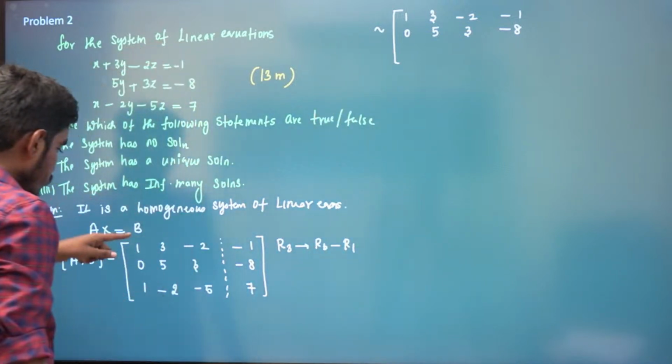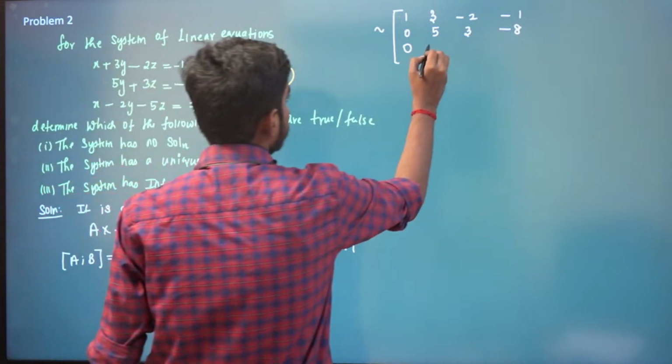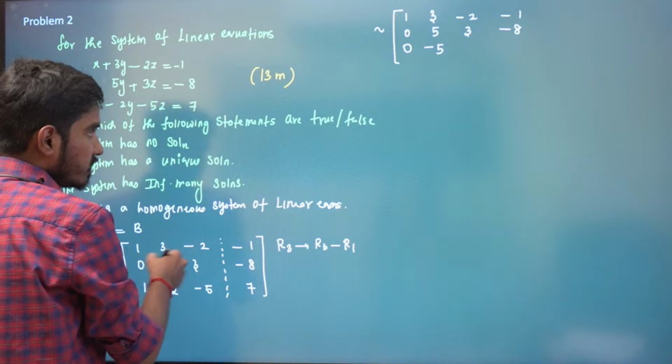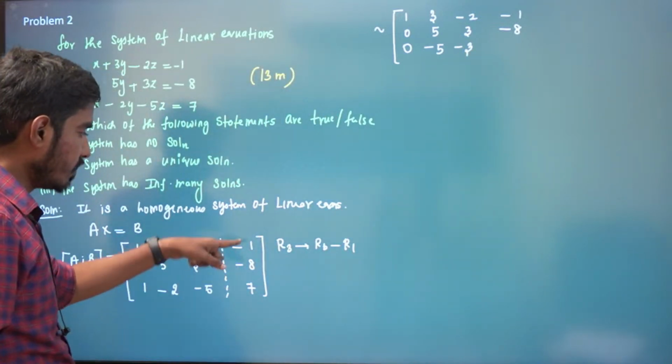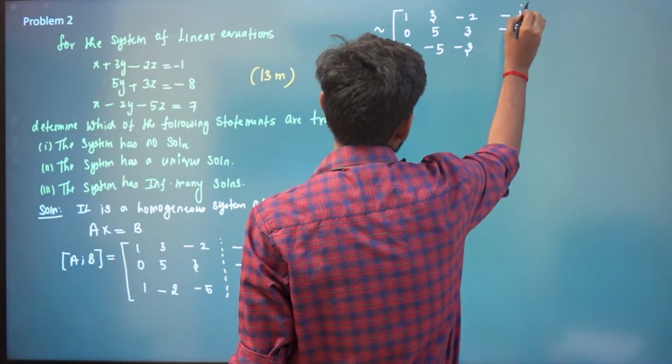And if I subtract this, 1 minus 1 is 0, minus 2 minus 3 is minus 5, minus 5 minus of minus 2, so minus 5 plus 2, is minus 3. 7 minus of minus 1 is plus 8.